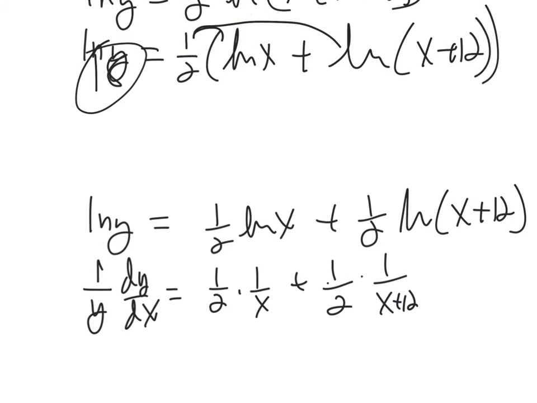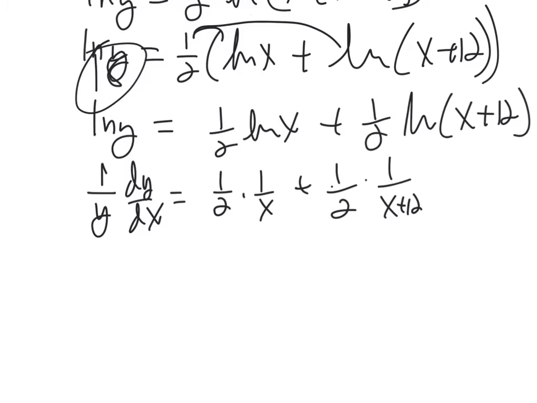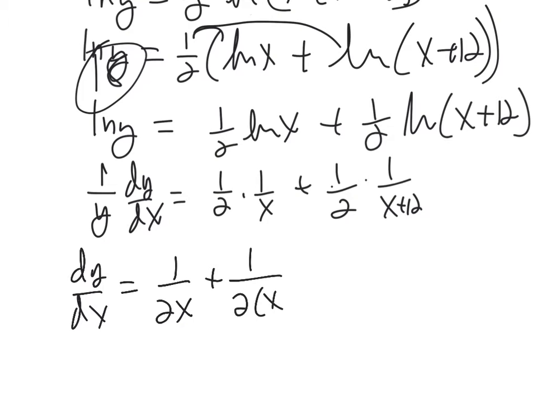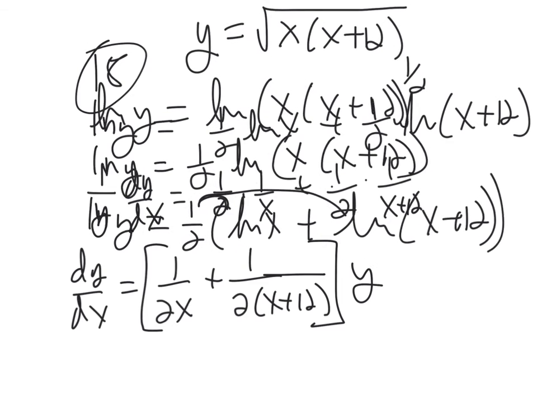So here, let me do some moving up. So then what's going to happen is we've got a couple things going on. We can say this is dy dx equals 1 over 2x plus 1 over 2 times x plus 12, times y, right? But of course, we know y was that original function. I moved it right off the screen already. Can I come back up and find it?